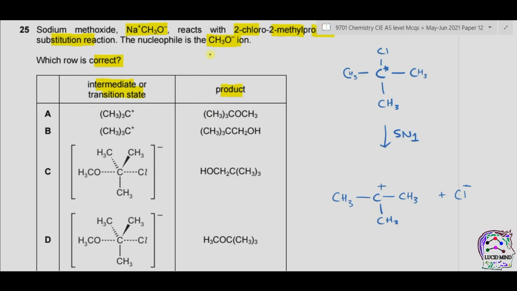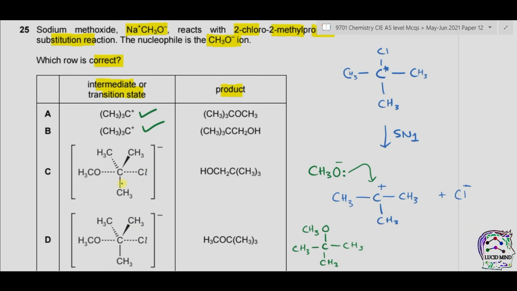Now in the second step, as the nucleophile is CH3O negative, it will attack this carbocation and form this product. We have CH3O carbon, then 3 methyl groups are also attached. So first is the intermediate. This is the intermediate or transition state.